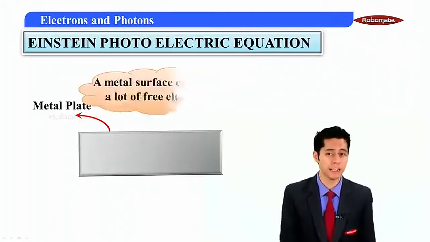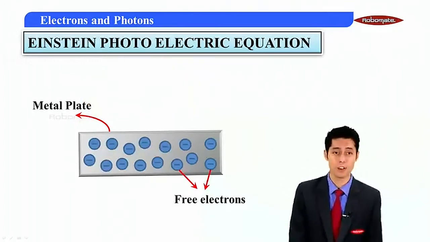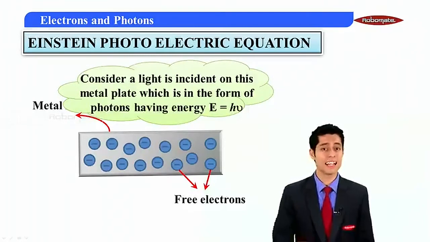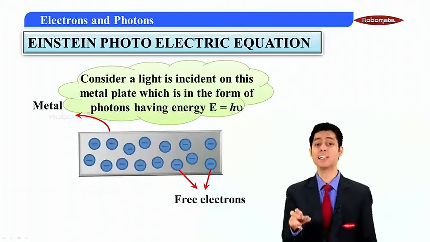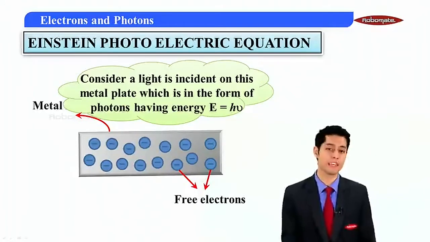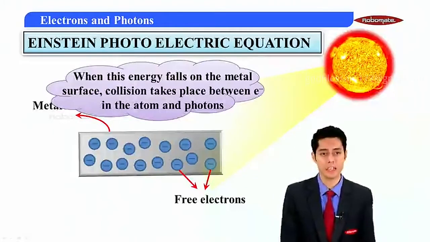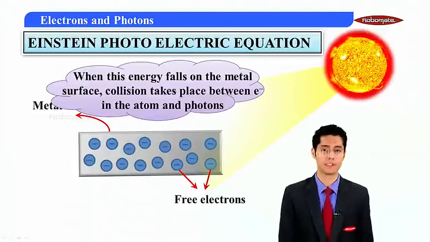Any metal plate will have n number of free electrons on it. You can see all the free electrons. Light is incident on the metal plate, and each photon has energy h nu, which falls on the metal surface.